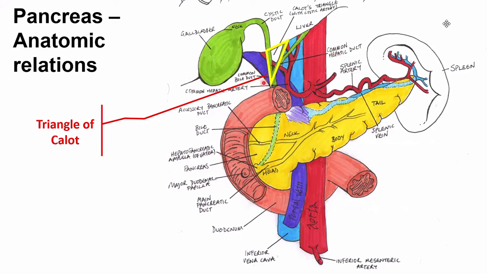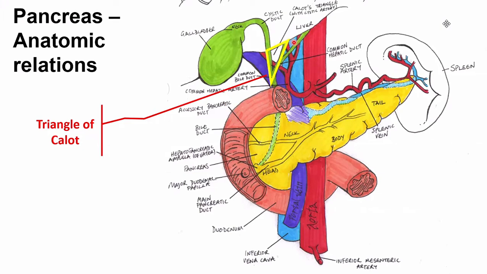Laterally, it is the cystic duct, and superiorly is the edge of the liver. The significance here is the presence of the cystic artery inside the triangle of Calot.